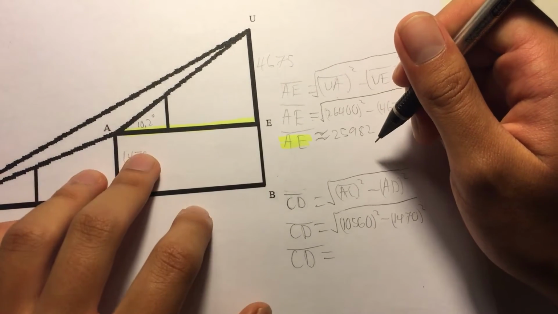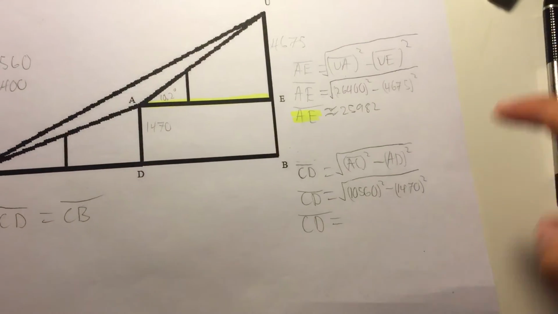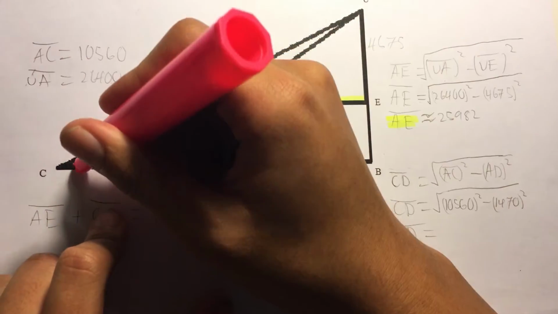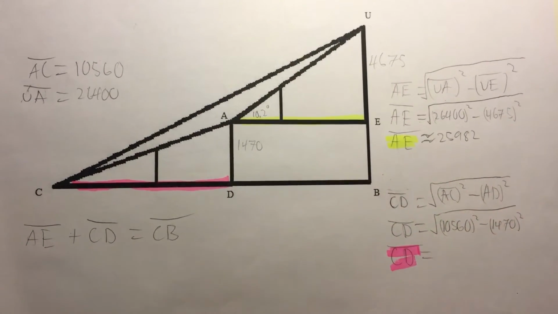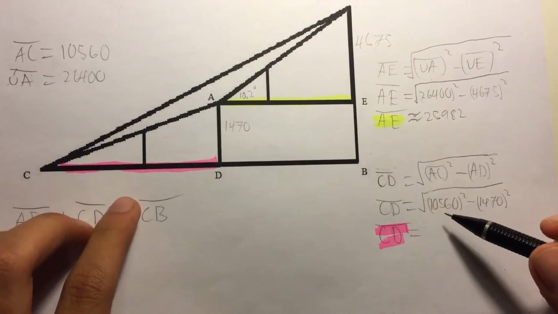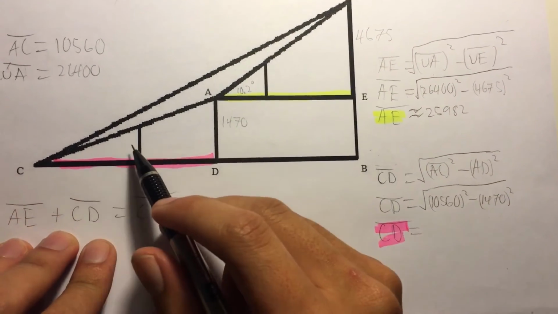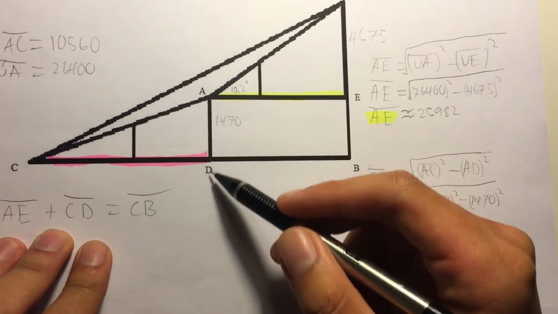Okay, and the next value you're supposed to find is this one here, CD. Same thing. We're going to be using the Pythagorean theorem. AC squared here for the hypotenuse, and AD squared here for the leg.